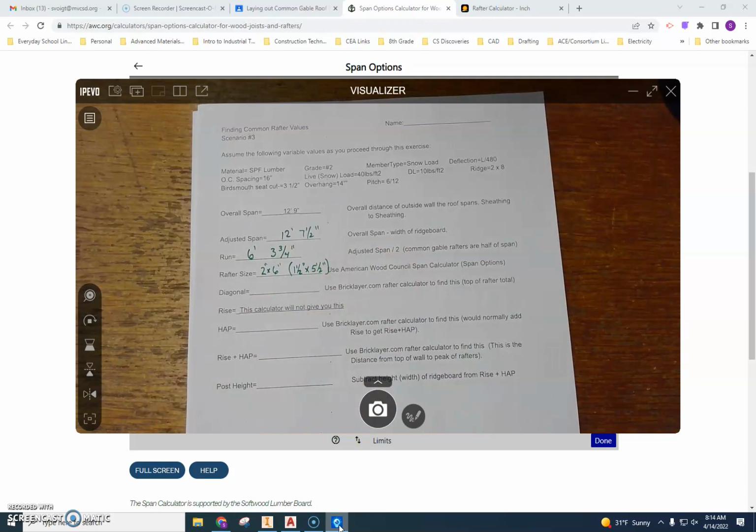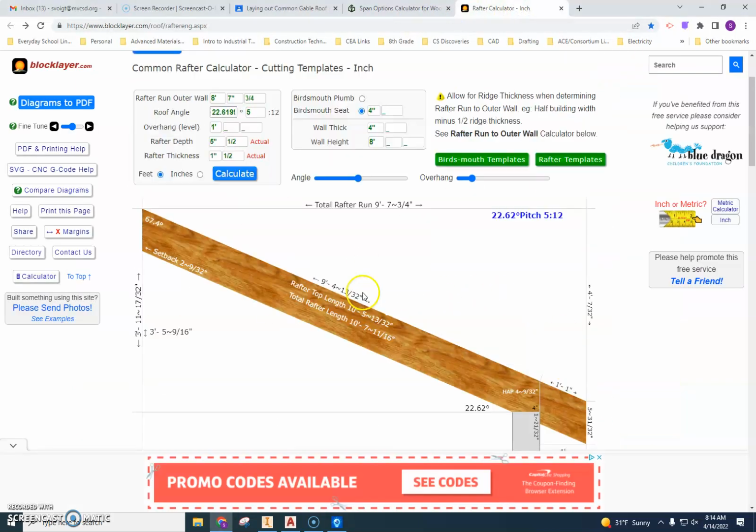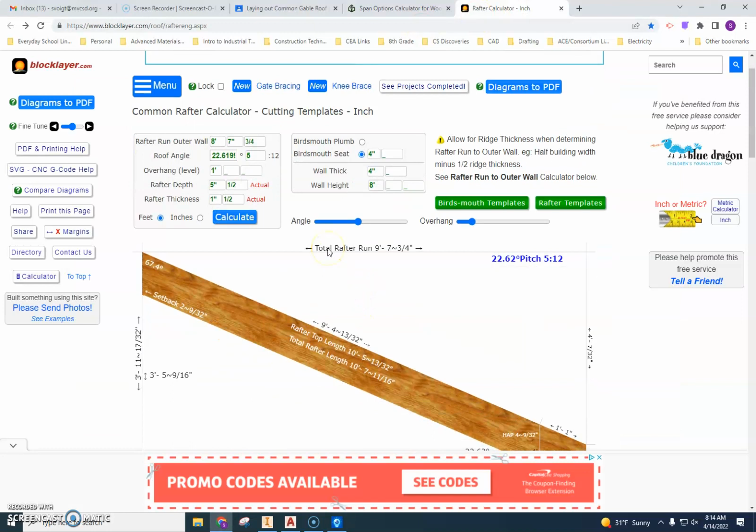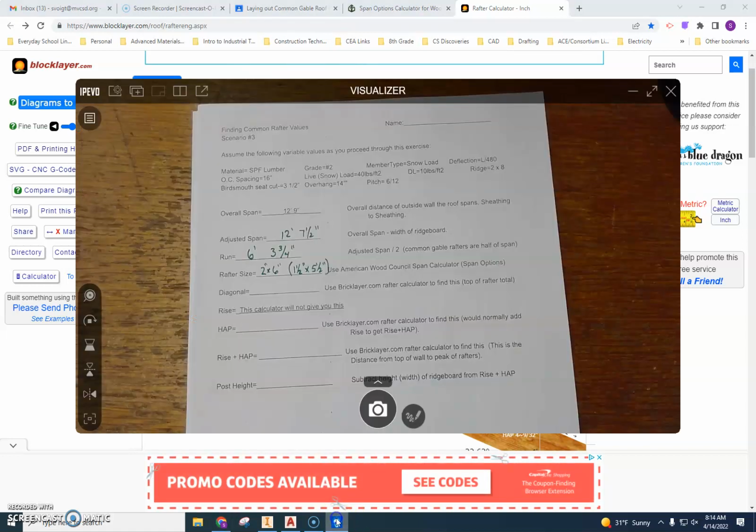Now we use this information and this information to open up this calculator and type this information in there. Again, I think the rafter run to our outer wall was 6 feet 3 3/4 inches. I don't have to change to 3/4. If you need to look at that, that's this right here.